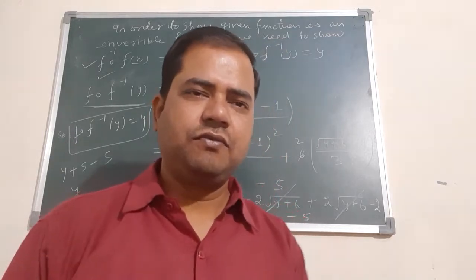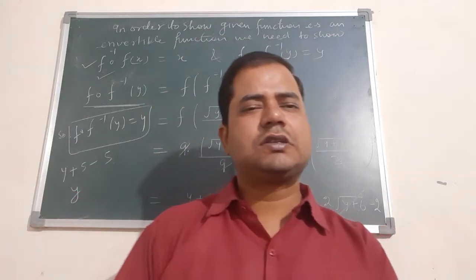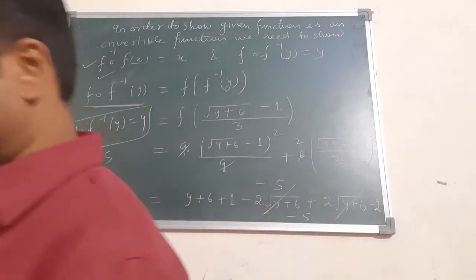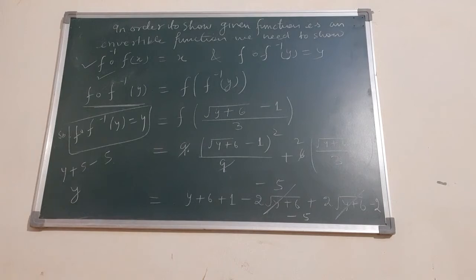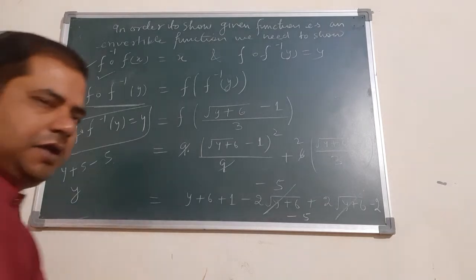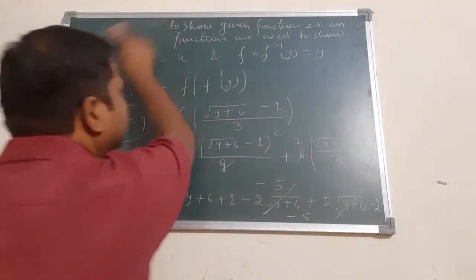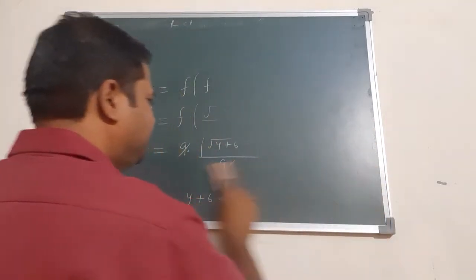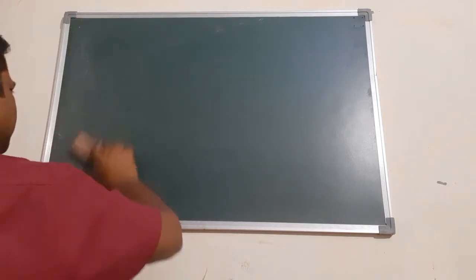Okay, so I hope you understand. Now we are going to discuss the second method. So first of all, you note it down, and then after, the second method. Okay, you may complete it. Now see, for the same question, the second method to find whether the given function is an invertible function.